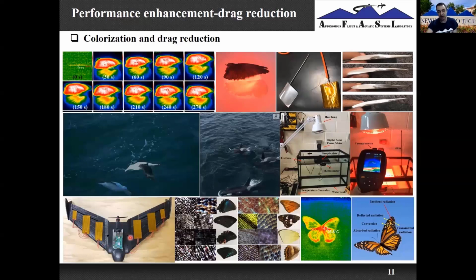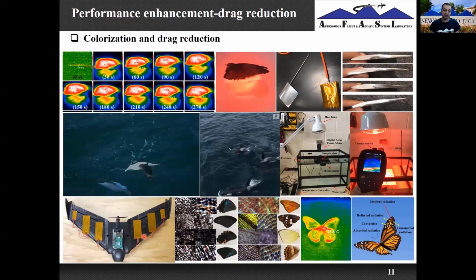It's something similar to what happens in albatrosses. Increasing the top surface temperature would enhance the flight efficiency. It means you have a drag reduction and you can enhance the lift, so your airplane can go up. What would happen if you increase the bottom side temperature? If you have a heater on the bottom side, your drone or aircraft goes down.